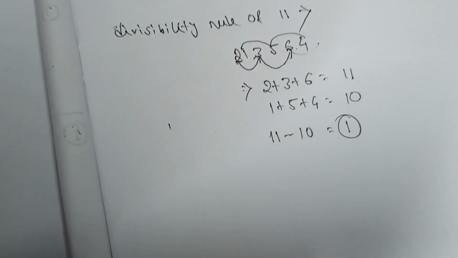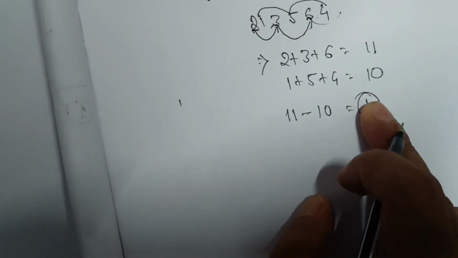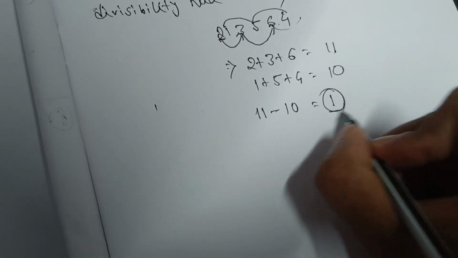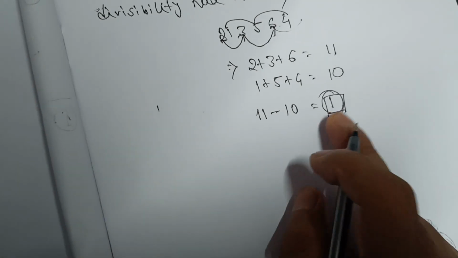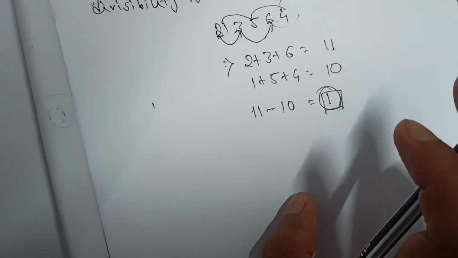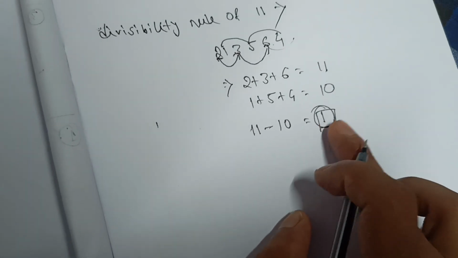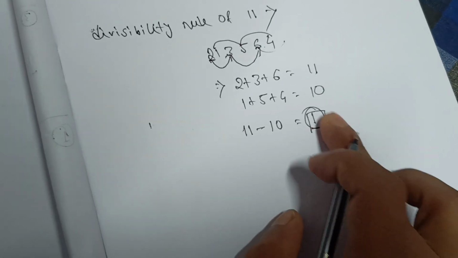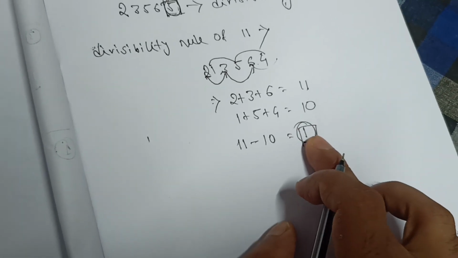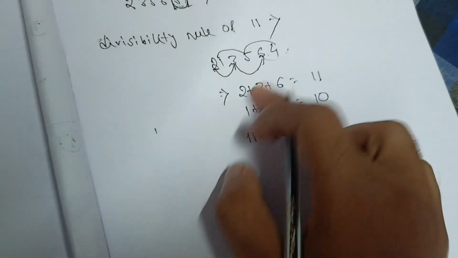So what will we get? 1. But the divisibility rule of 11 says that this should be either 0 or a multiple of 11, but 1 is not a multiple of 11 and is not 0, so the whole number is not divisible by 11.